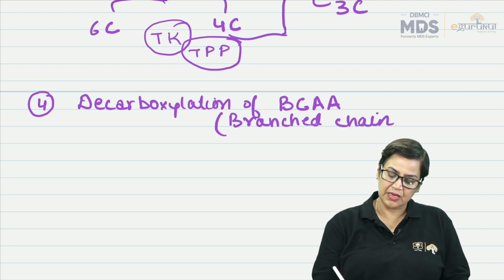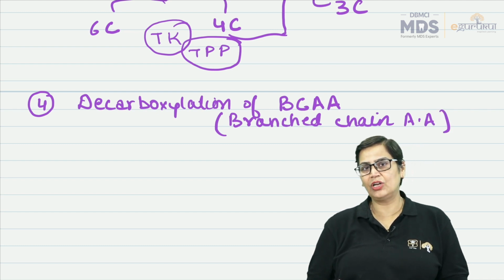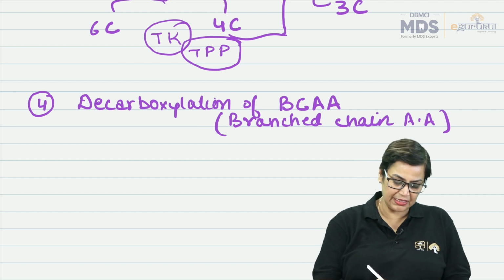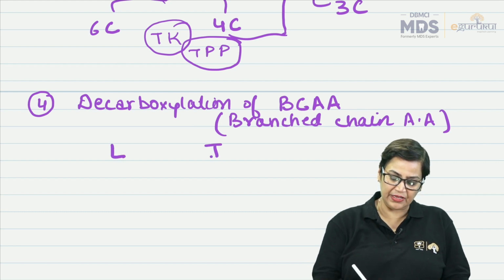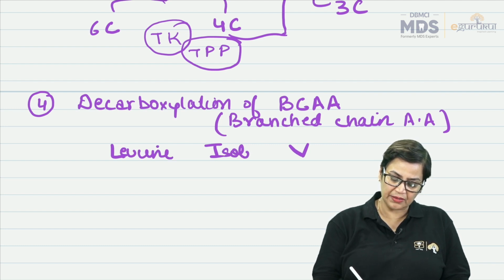Again, the mnemonic of these branched chain amino acids is LIV, live: leucine, isoleucine, and valine.